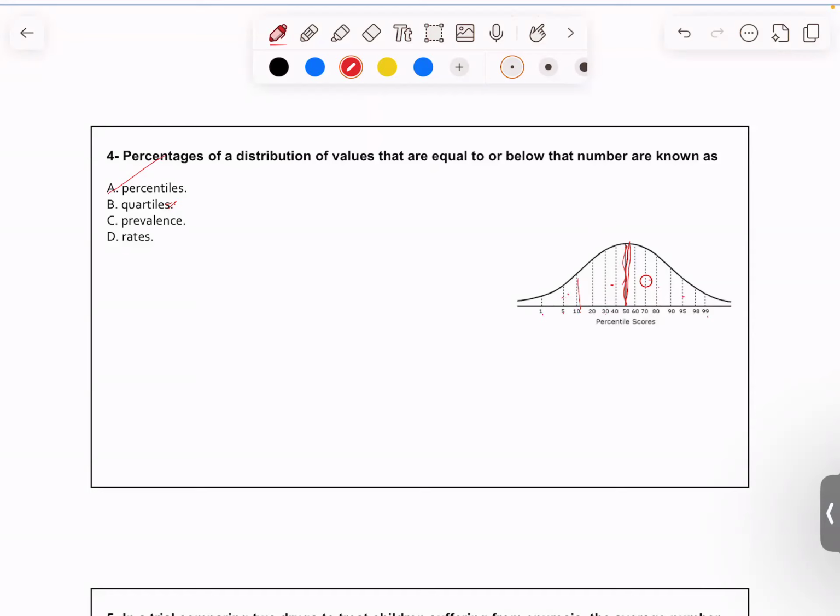So what is this called? It is called percentile. So I will not choose the quartile, I will choose the percentile. So in this question between A, B, C, and D, whichever is unrelated, it is divided into percentiles. Yes, that's the correct answer.